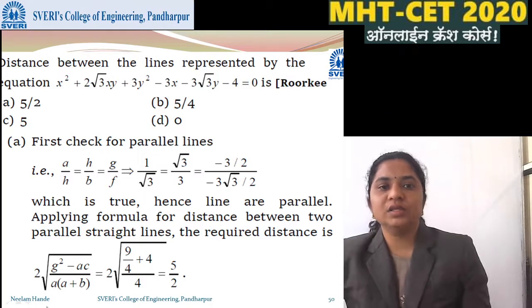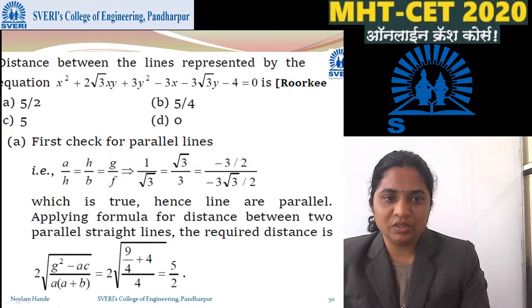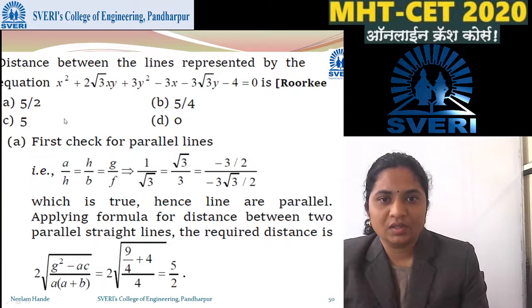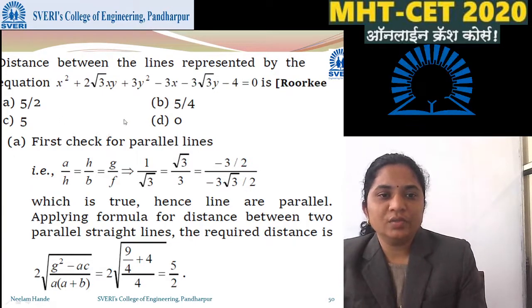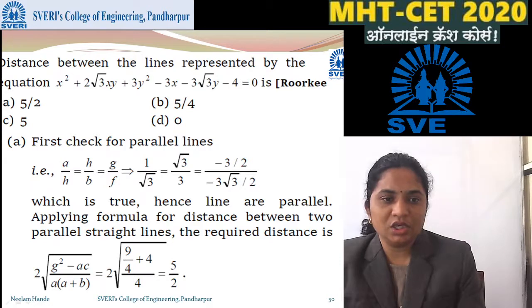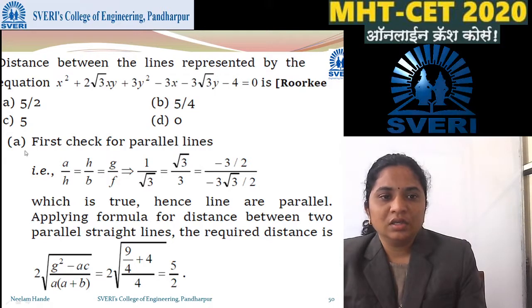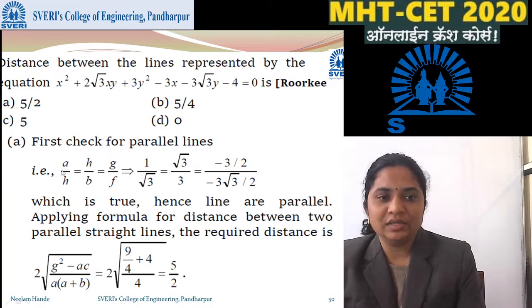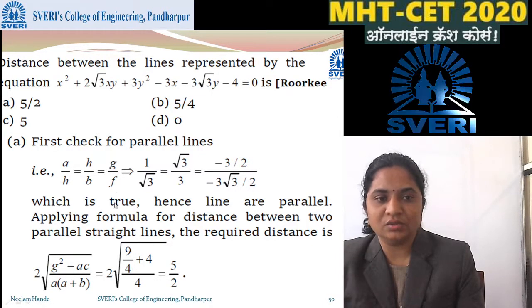Next, the distance between the lines represented by the equation here is. So first of all find a, b, c, f, g, h, all the things, right? And if they are parallel lines, they must satisfy this condition: a by h is h by b is equal to g by f.